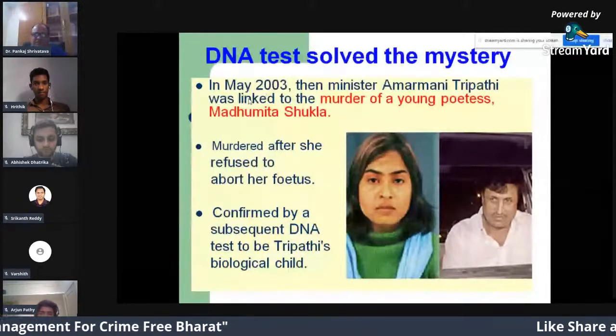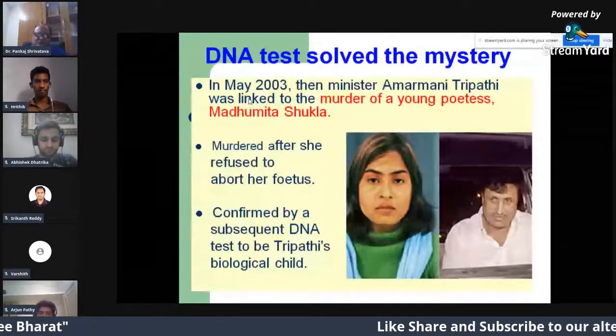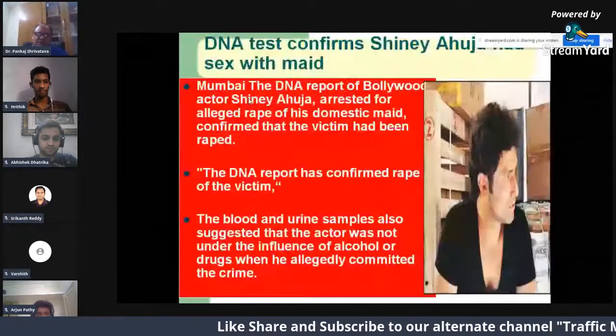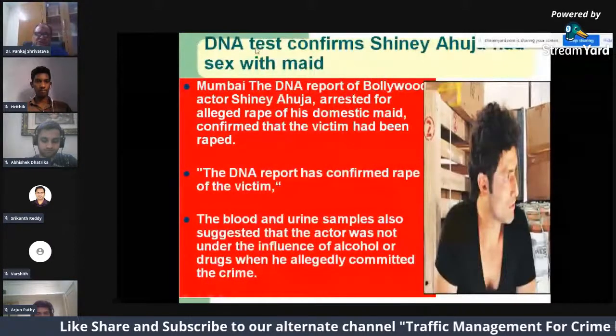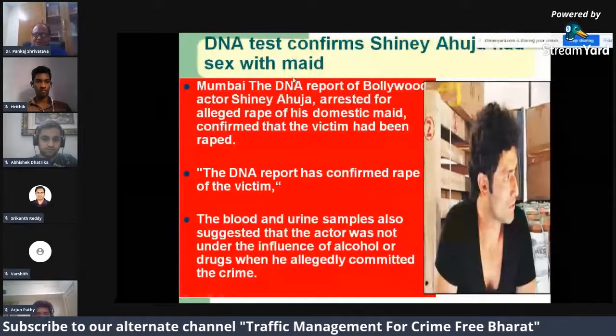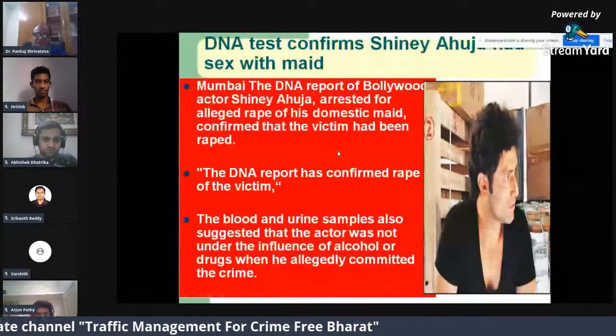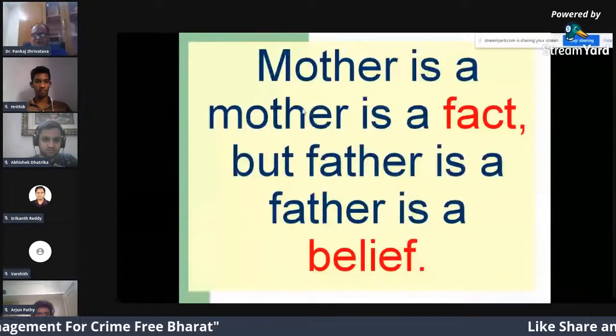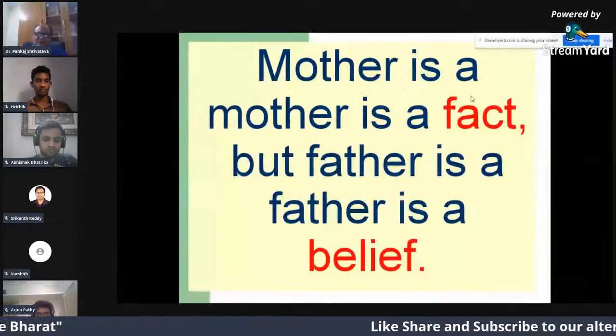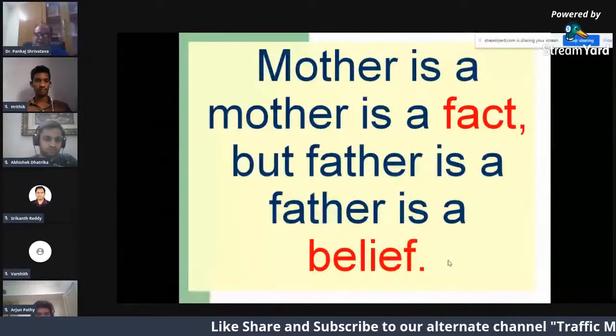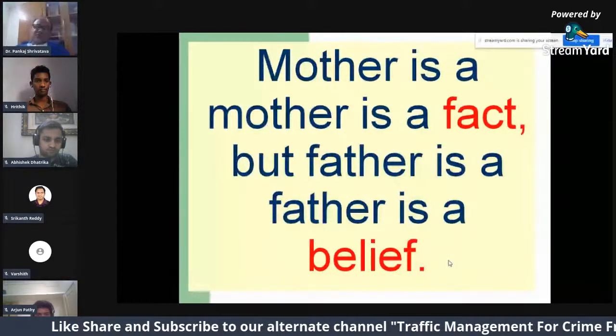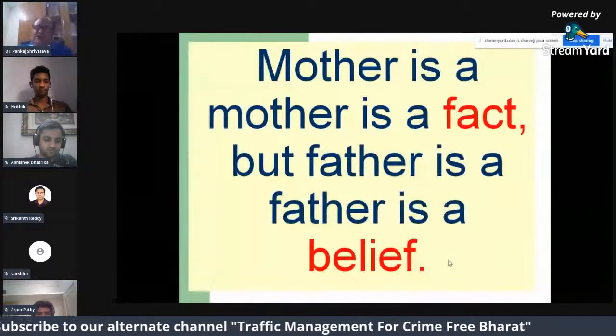Dr. Lalji Singh and CDFD were there. Okay, then a DNA test confirmed Saini Ahuja had sex with the maid. Okay, this case was in the spotlight. Now there is one more thing, that mother is a fact, but father is a belief. As I said earlier, sexual relations happen only in the dark and there is no witness.